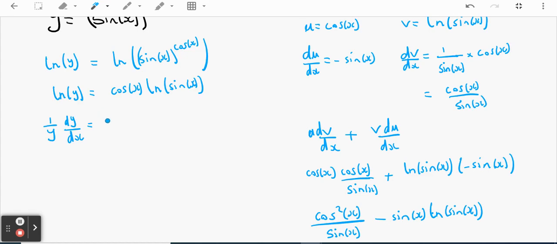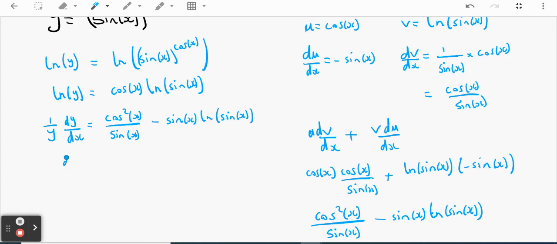And that's what this is. So 1 over y dy/dx is equal to cos squared x over sine x minus sine x times ln of sine x.